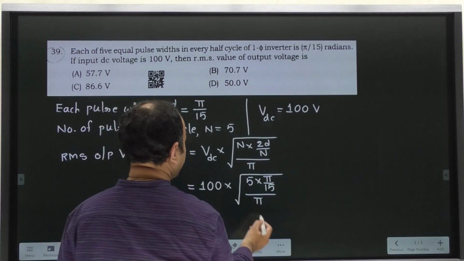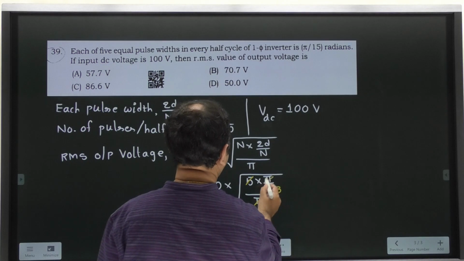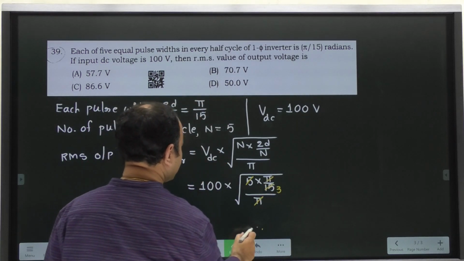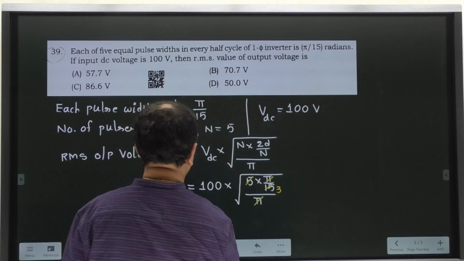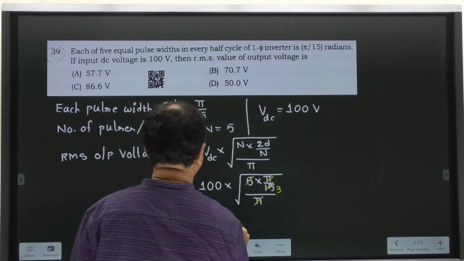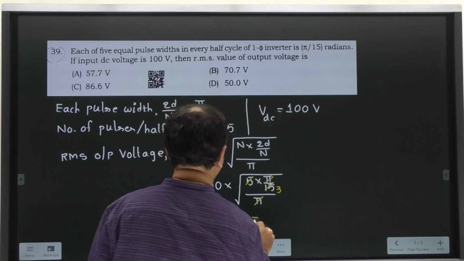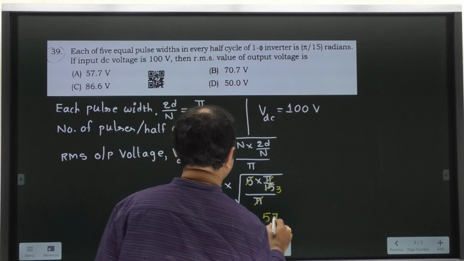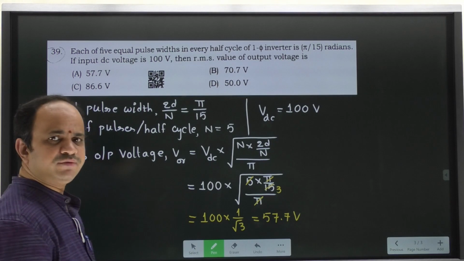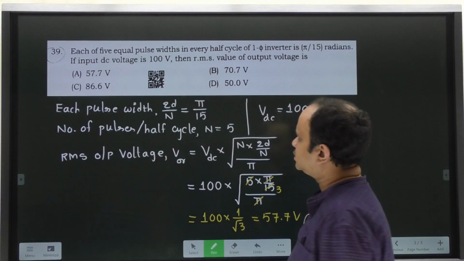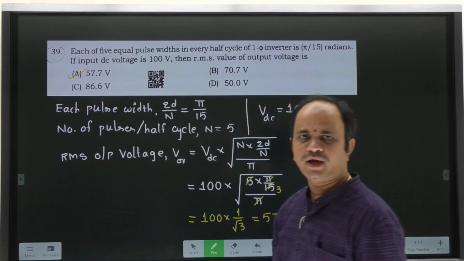Here you can cancel 5 three times and pi and pi cancel, hence this value is equal to 100 multiplied with 1 by root 3. The numerical value will be 57.7 volt, and hence option A will be correct.